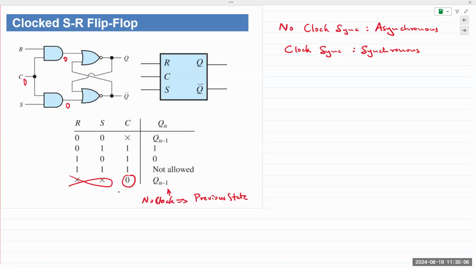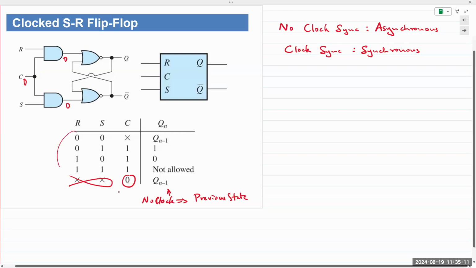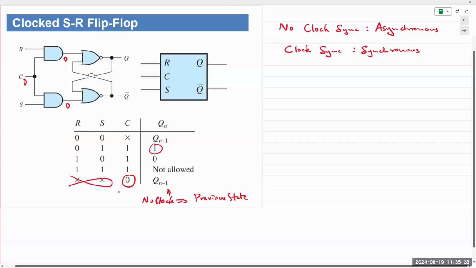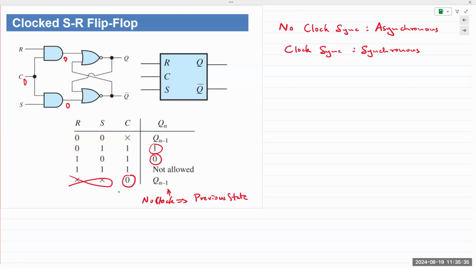If you want to synchronize, then the clock must go high. If the clock goes high, then all other states are in play. But those states remain exactly the same as what we saw in the previous two tables for the RS flip-flop. 0 and 1 gives us 1, and 1 and 0 gives us 0. 1 and 1 on the RS inputs is still not allowed. It's still unpredictable. So the clock is not a fix for that unpredictable state.